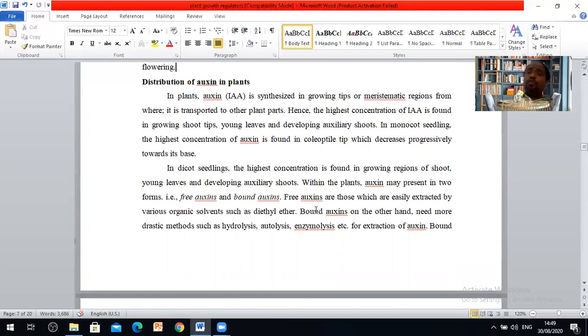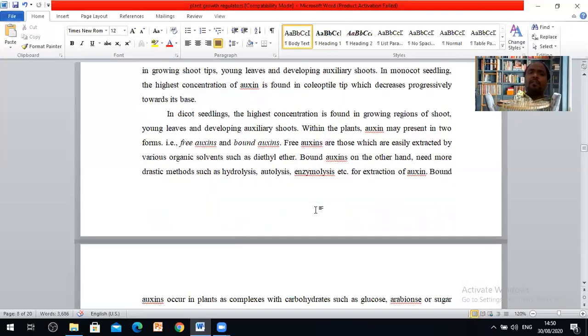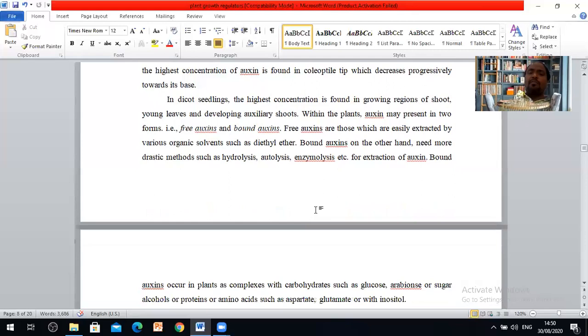In monocotyledon seedlings, the highest concentration of auxin is found in the coleoptile tips, which decreases progressively toward the bases. Here the growth is continuously taking place, because of that reason the concentration of auxin is higher in the tip of the plant. In dicot seedlings, the highest concentration is found in the growing region of the shoot, obviously.